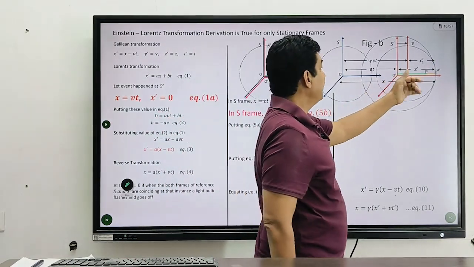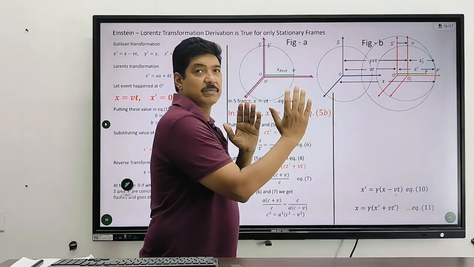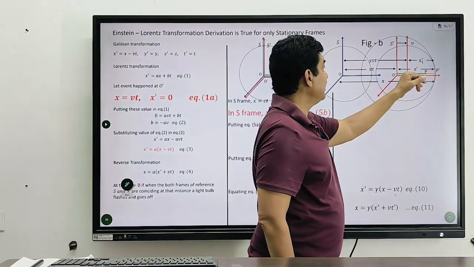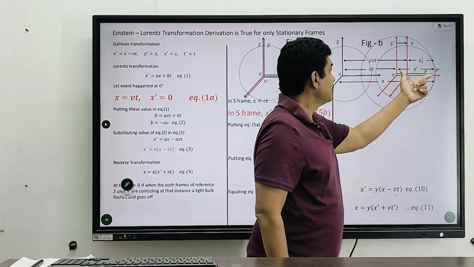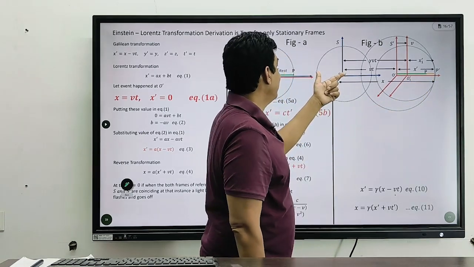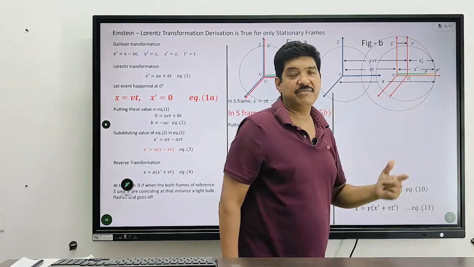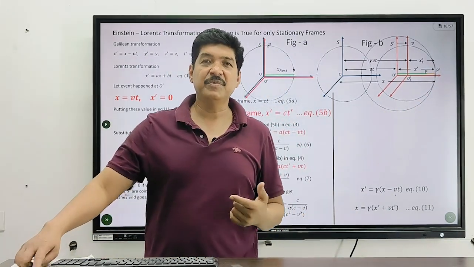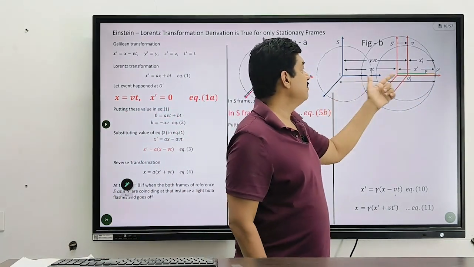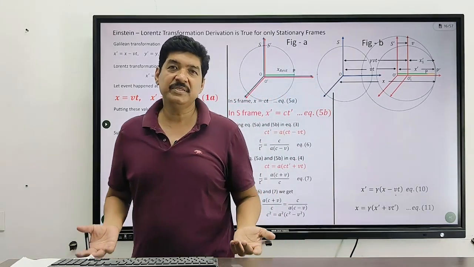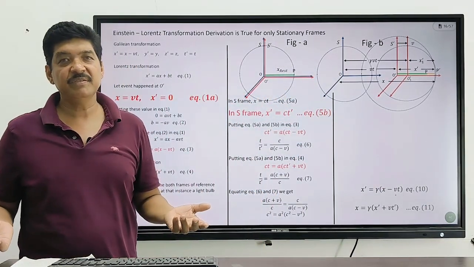So the time will be from here to here. So see the time taken by this, because the velocity of light is the same in both frames of reference. What will happen? An equal amount of time is taken in both frames of reference.